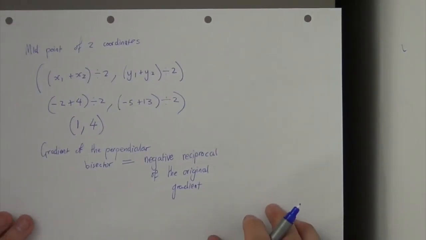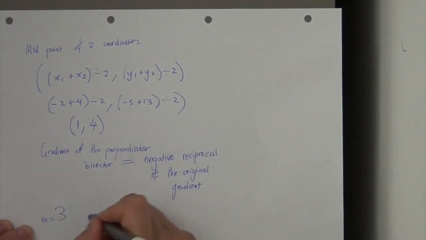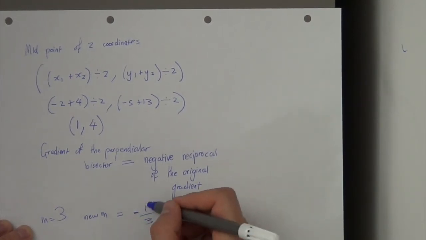Our original gradient was 3, meaning our new gradient, the new m, is going to be equal to minus 1 over 3. It's a negative reciprocal.